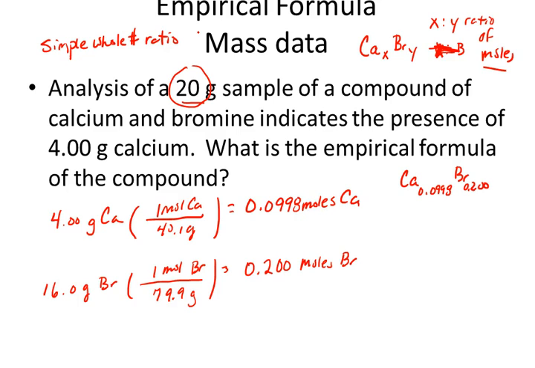The easiest way to determine the whole number ratio is to look at the two values that we have, 0.0998 and 0.2, and reduce by dividing by the smallest. 0.0998 is smaller than 0.2, so we're going to divide both by 0.0998.